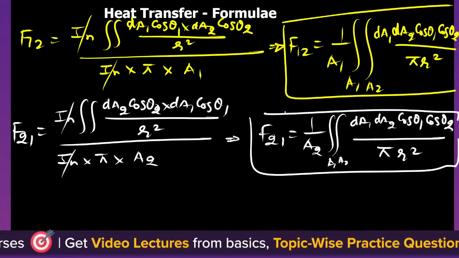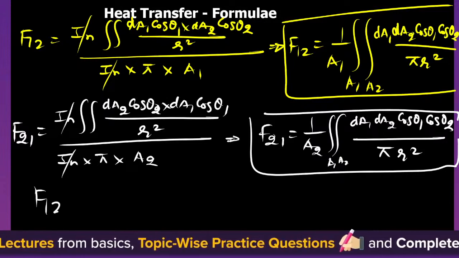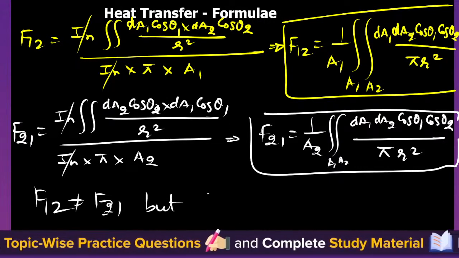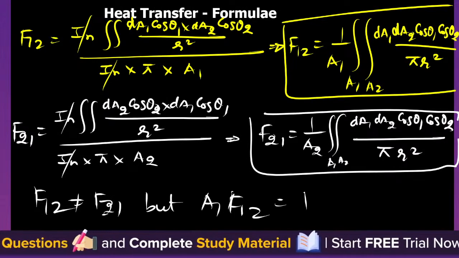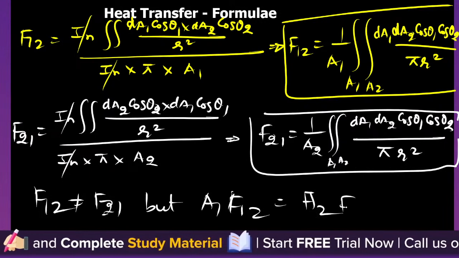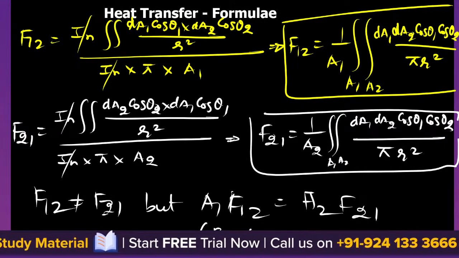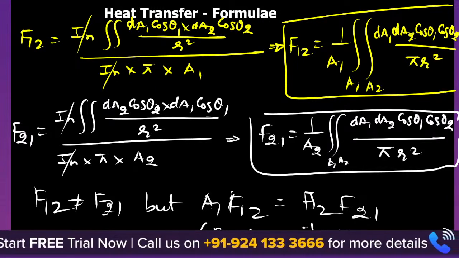These are the formulas for F12 and F21. So F12 is not equal to F21, but A1 multiplied by F12 is definitely equal to A2 multiplied by F21. That is called the reciprocity theorem.